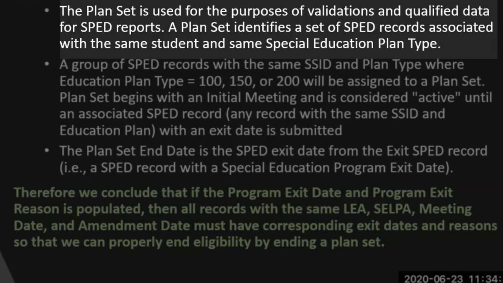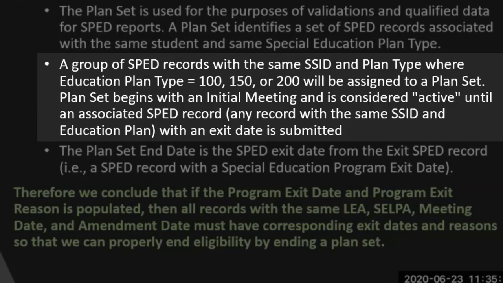A plan set identifies a set of SPED records associated with a student and the same education plan type. A group of special education records with the same SSID, plan type, or the plan type is an active IEP, IFSP, or ISP will be assigned to a plan set.